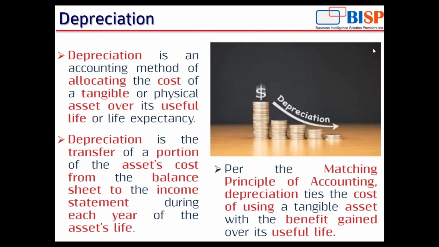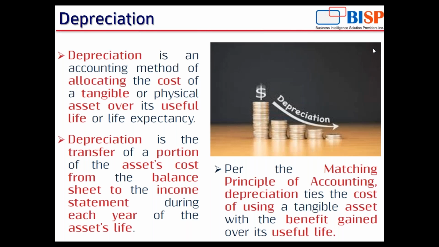The reason for depreciating fixed assets is basically the matching principle of accounting. The matching principle is where you match the revenue with the expenses. So when you have incurred the revenue, you also record the expenses. This is what the matching principle implies.